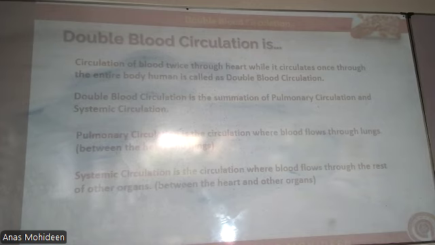This is called double blood circulation.